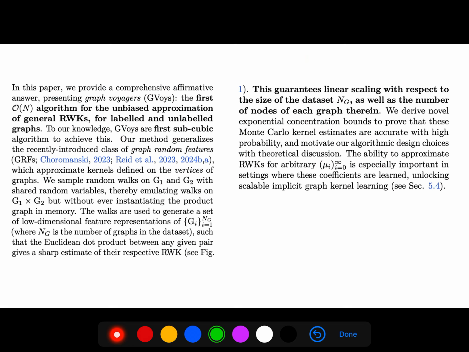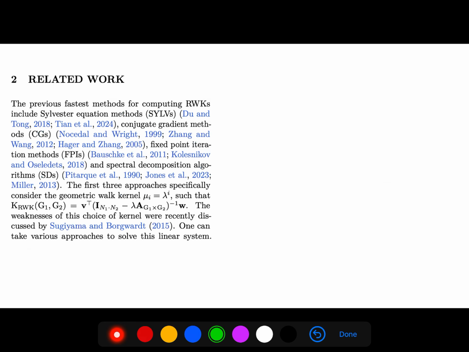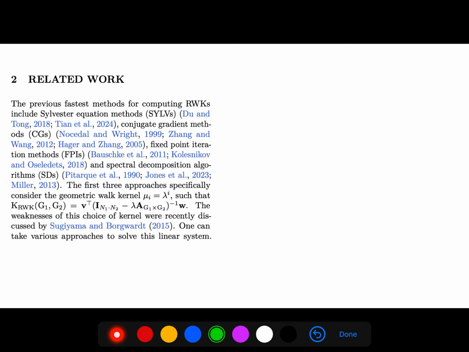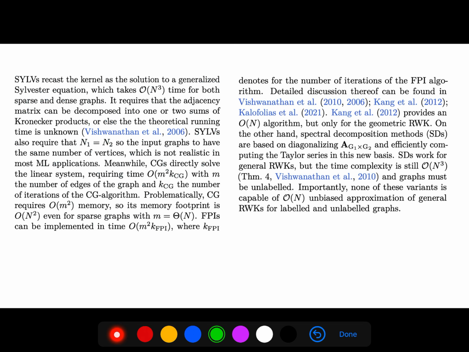So the first order of n algorithm for the unbiased approximation for labeled and unlabeled graphs is called graph voyagers. And finally, you will see at the last slide that they compared these graph voyagers with the exact computation of the graph kernel to see that it has some improvements.